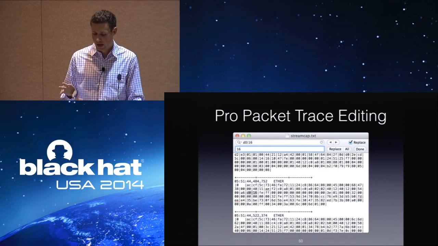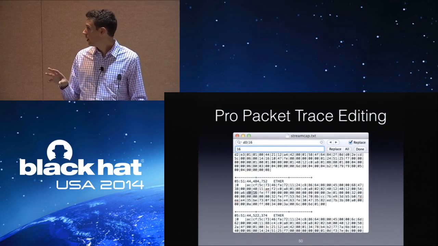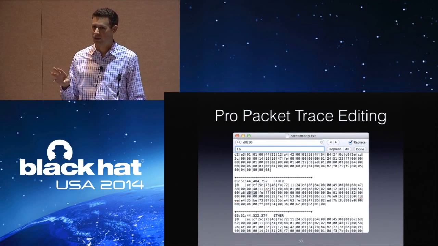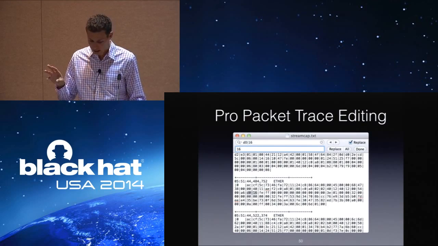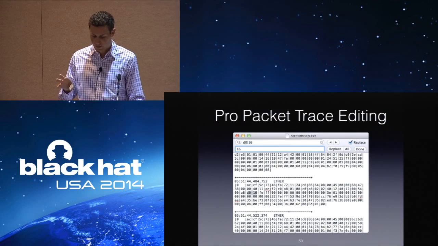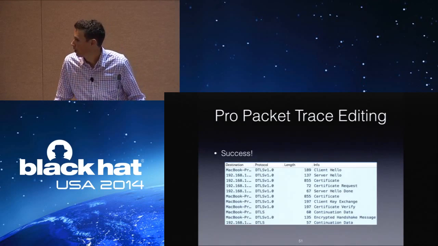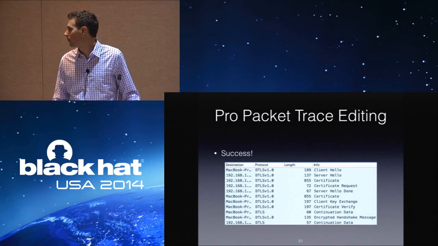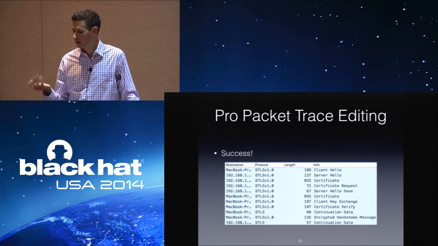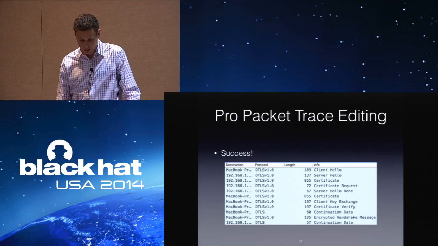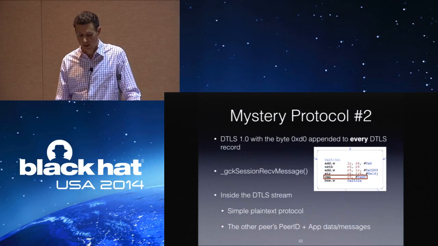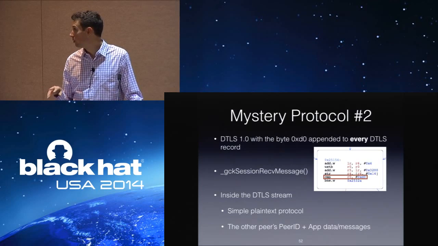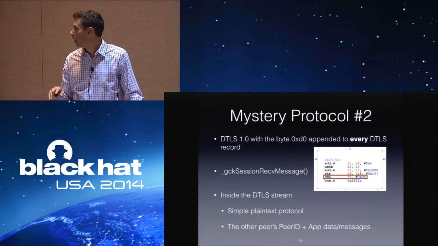If you go ahead and remove that byte, it turns out you can edit a packet trace with a text editor, which was new to me. If you remove that D0 byte using search and replace, then Wireshark is able to parse the packet trace and figure out that it's DTLS. So basically, the mystery protocol is DTLS 1.0 with D0 prepended to every DTLS record.